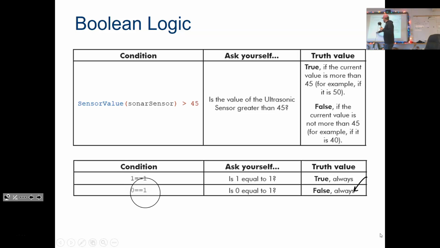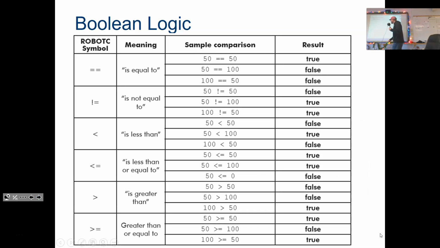You can use less than. You can use greater than. Here are some other ones. If you want to check, I want the motor to run while you're not pushing the button, you could do a couple ways. You could say, while sensor value bump switch equals 0, because that's when it's not pushed.